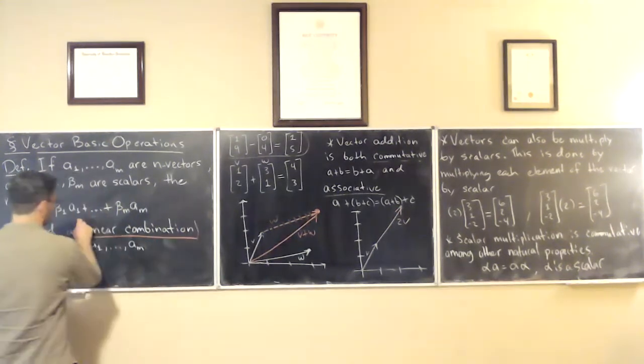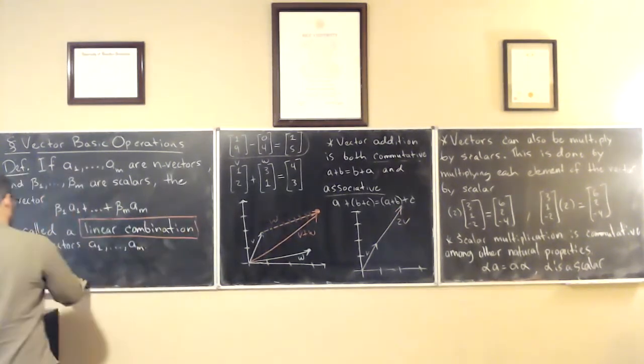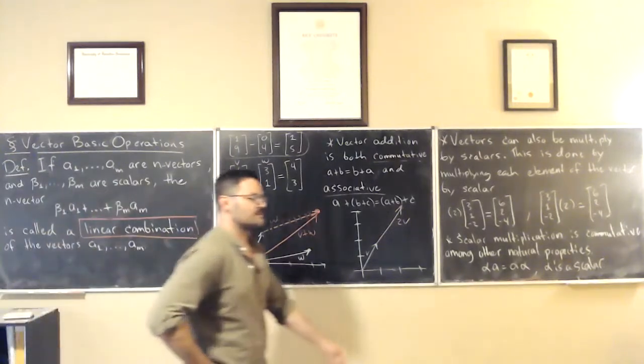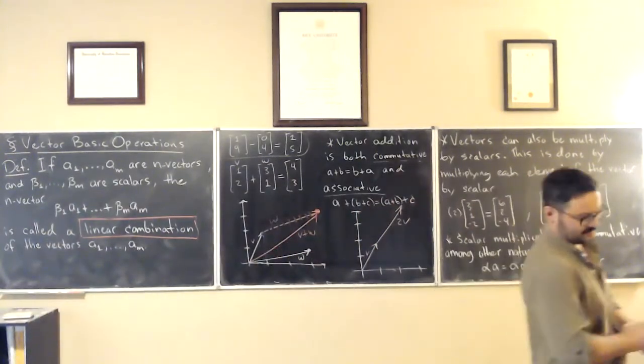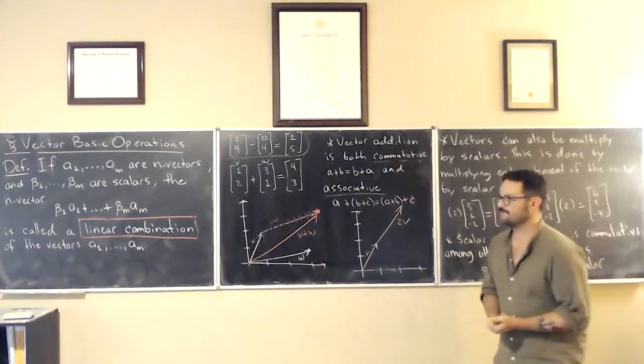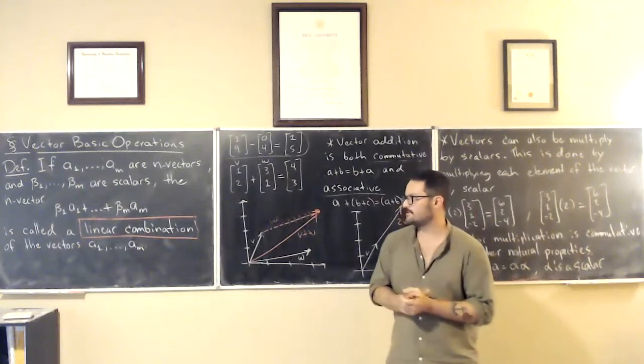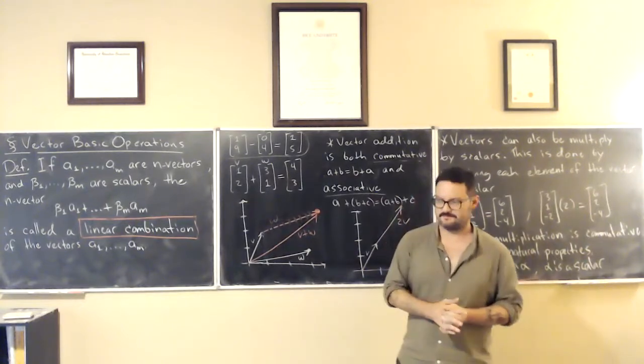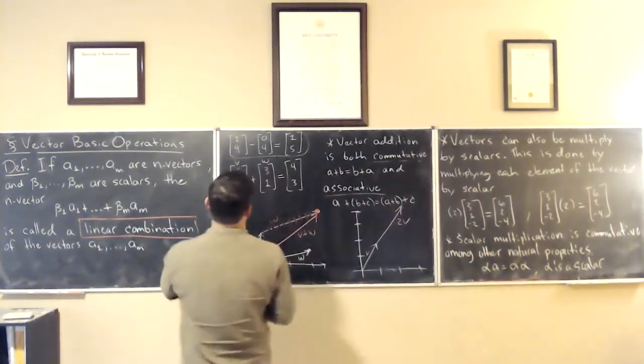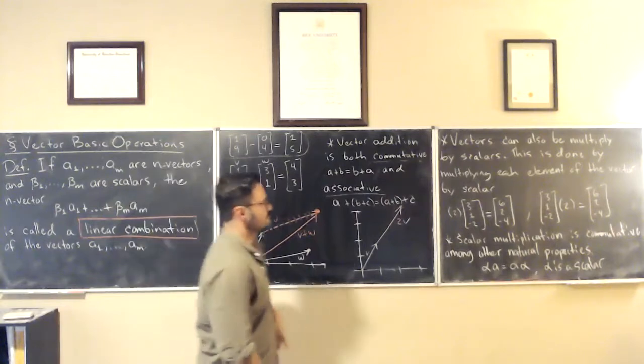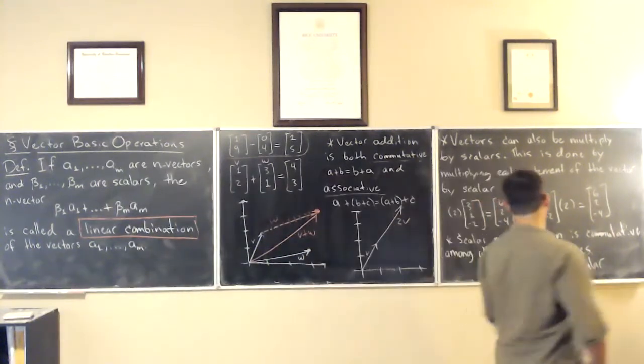Does n vector just mean vector of length n? Yeah, I would say a vector with n elements instead of length. An n vector, the number of elements in it is n. That's a 2 vector. This is a 3 vector.